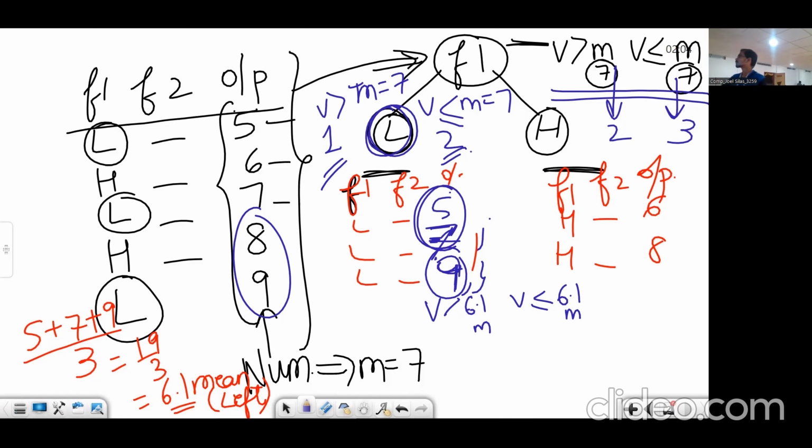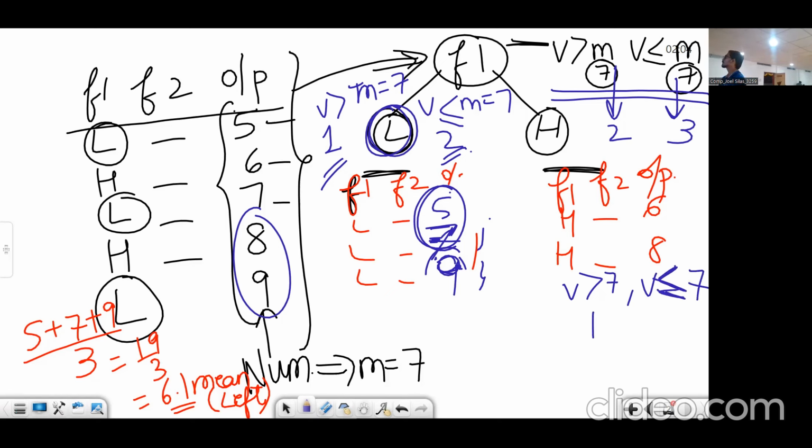Similarly, for high, here is the number of values that are greater than 7 and the number of values less than or equal to 7. The number of values greater than 7 is 1, and less than or equal to 7 is 1.